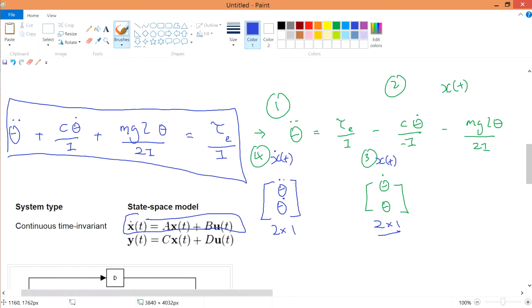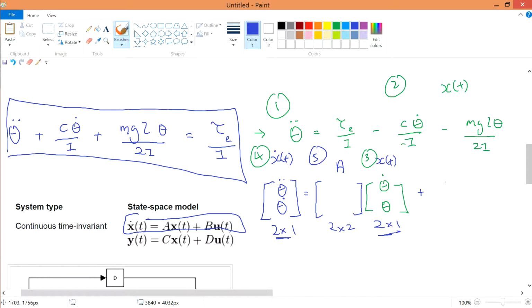Now the clearer fifth step is to determine the A matrix. We know that this outcome must be 2 times 1. How do I ensure that it is 2 times 1? I must have a 2 times 2 matrix. I can have 1 times 2 also, but I just write 2 times 2, for a reason you will know later.